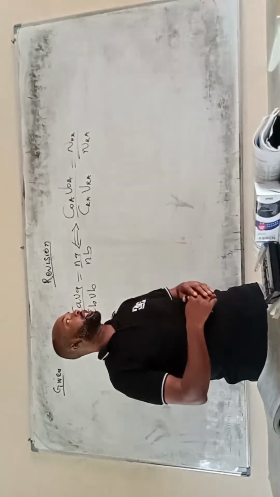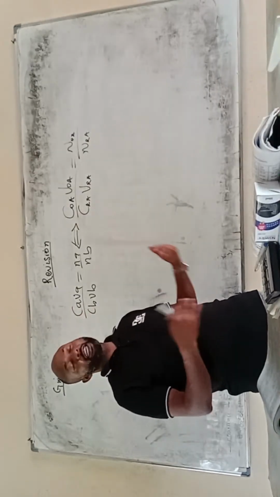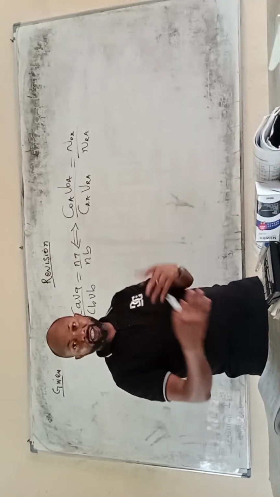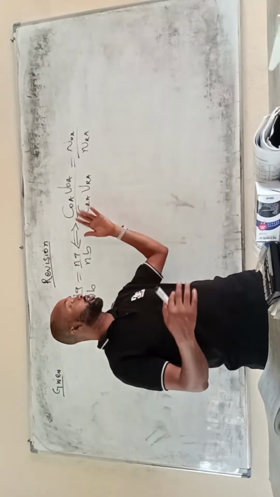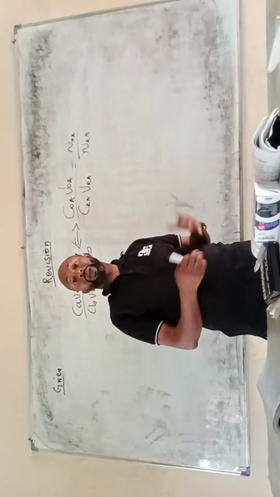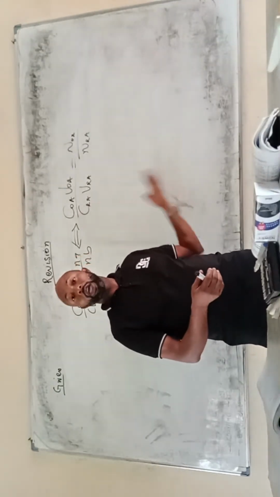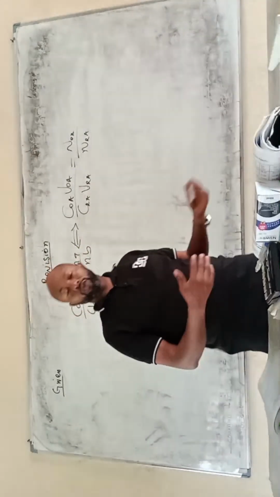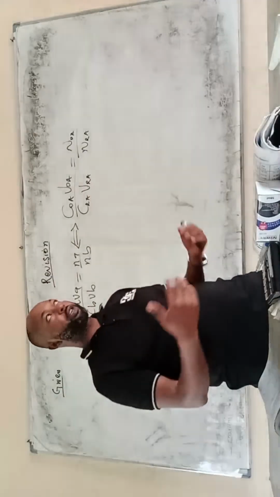So go and sort it out again and go through it. I can't start doing that right now because of the complexity of the balancing of redox. It's going to take us a long time. So let's move forward. Just go back and check one of our videos which we've done earlier on balancing of redox. You're going to see them all and study them carefully. If you do not understand anything, you can reach out to me through questions or through the comment section.